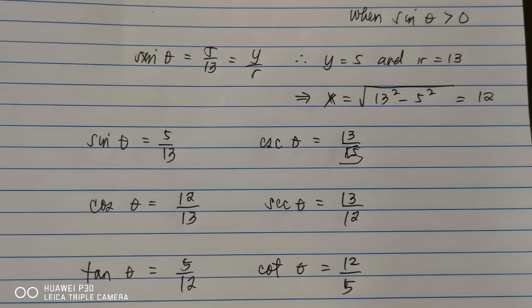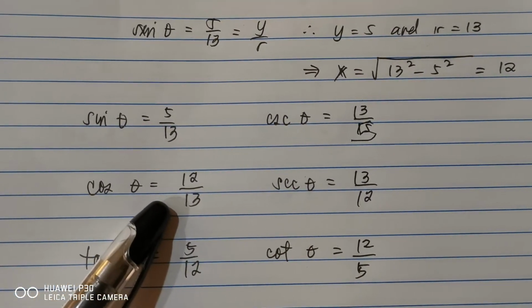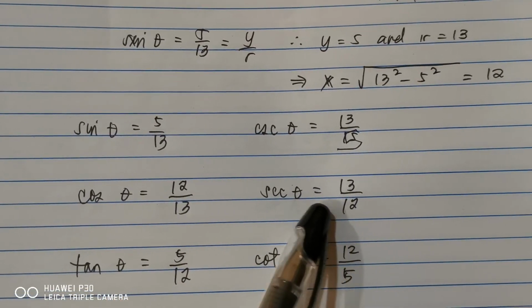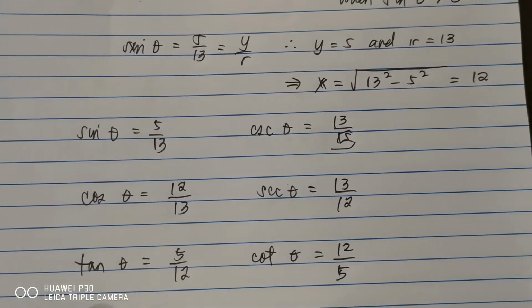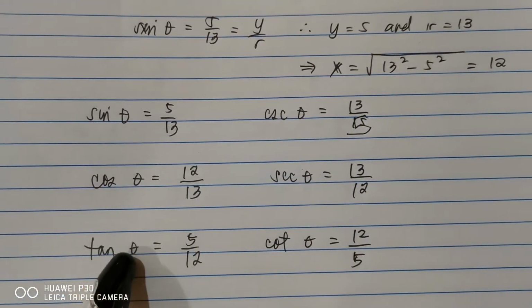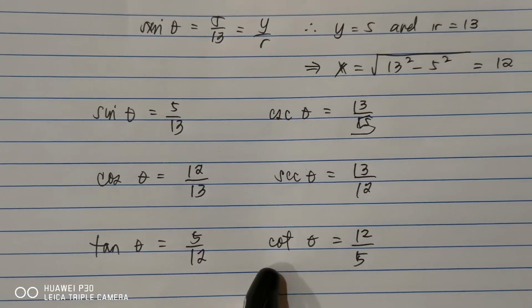Our x is 12 and our r is 13, so cos theta is 12 over 13. The reciprocal of 12 over 13 is 13 over 12, which is our secant theta. Tangent theta is y over x, so we have 5 over 12, and the reciprocal is 12 over 5, which is cotangent theta.